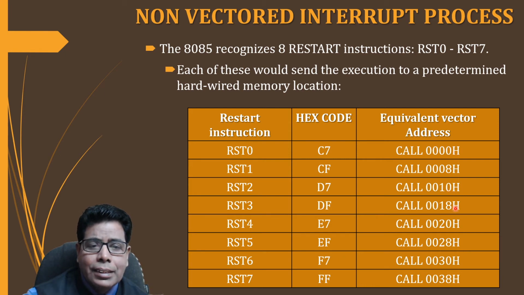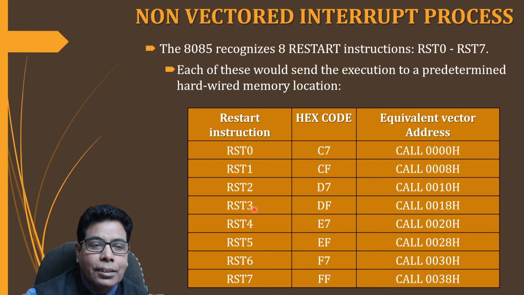If you look at this, it is simply RST n multiplied by 8, and you will get this address. For RST1, the address is 0008, then for RST2 it is 16, but in hexadecimal 16 is 0010. That's why you will get 10.